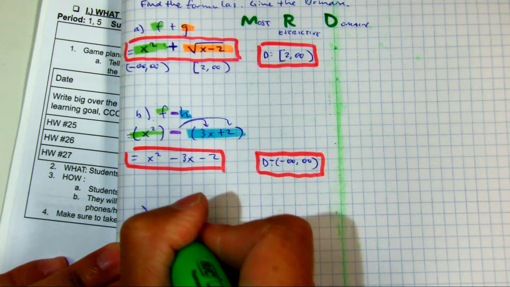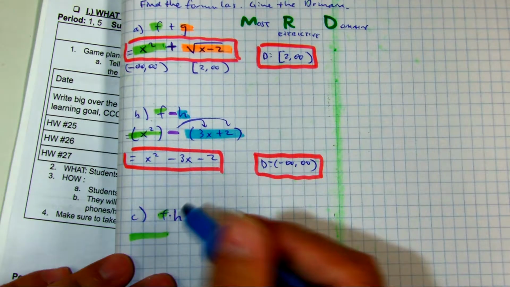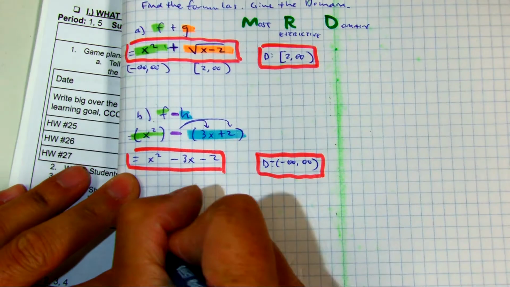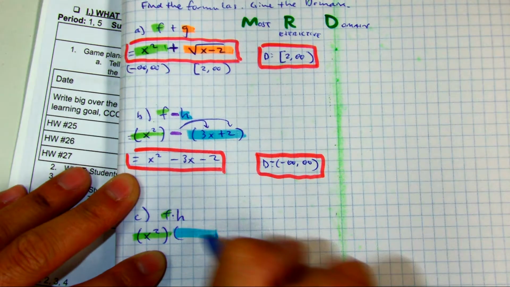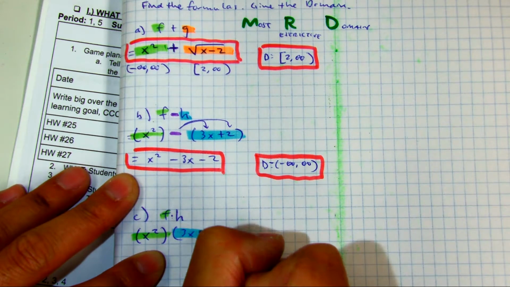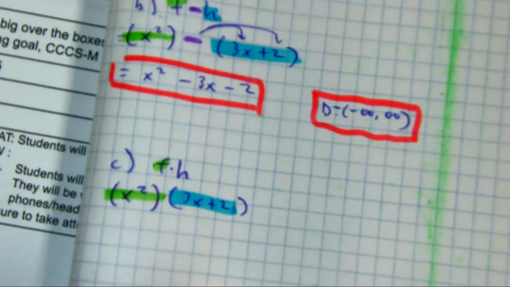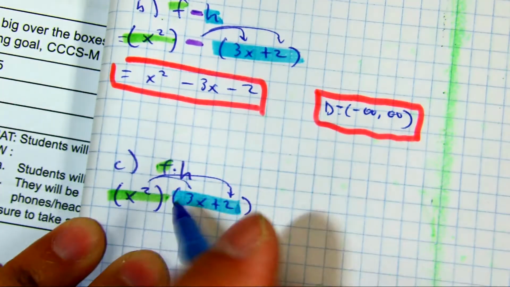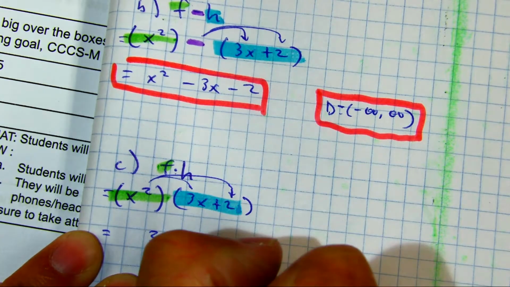So green times the blue. So now I have x squared. And because it's multiplication, I am going to use parentheses. 3x plus 2. And all I'm going to do there is distribute. Class, what's x squared times 3x? 3x cubed.